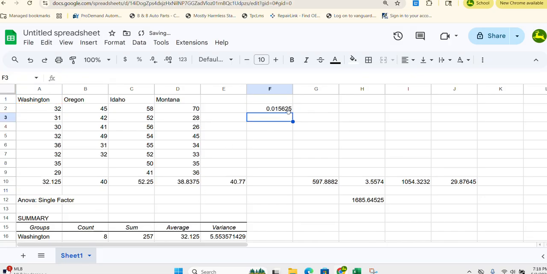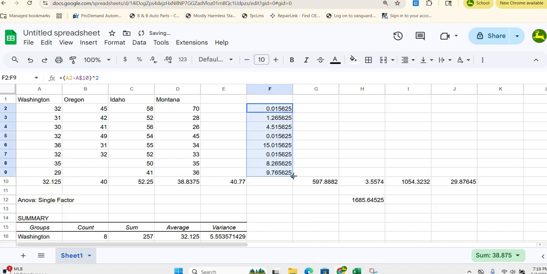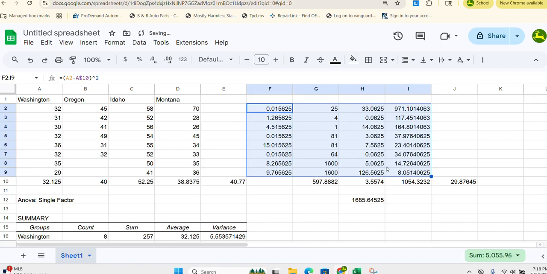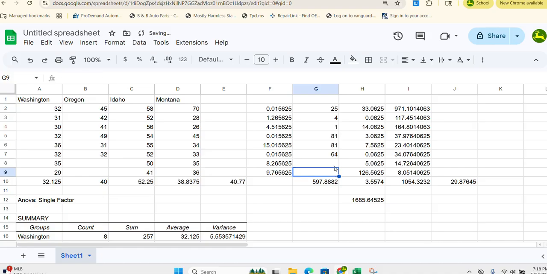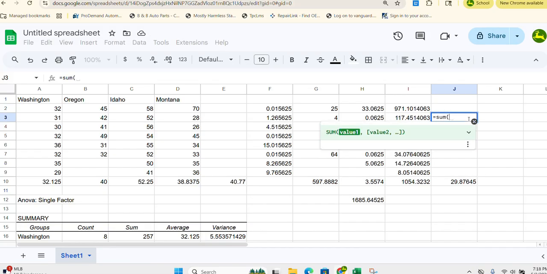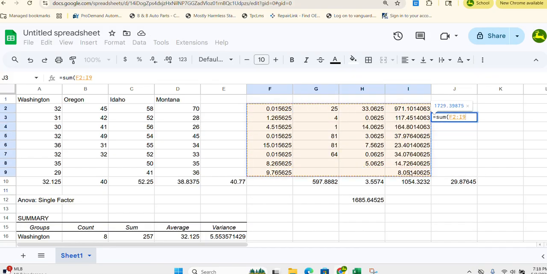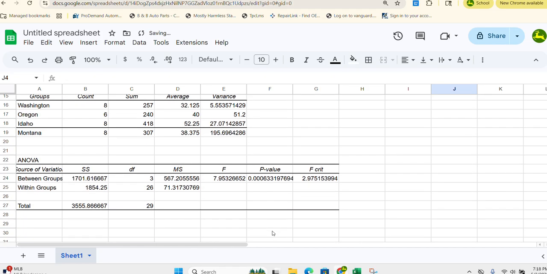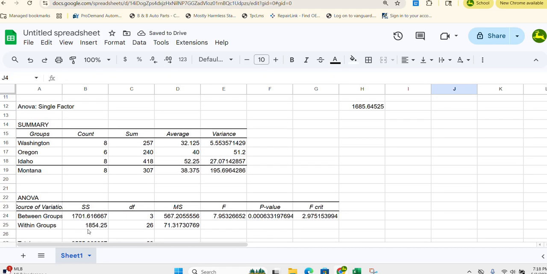Done. Paste it down and drag it across. And then you got to get rid of this one because it's blank over there, and that one and this one, I believe. So if you take the sum of these, you'll get 1729, which is awfully close to that.